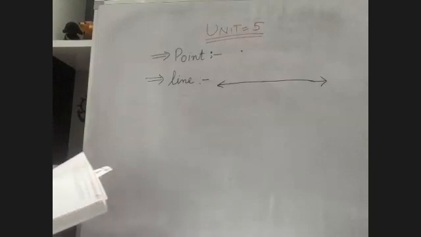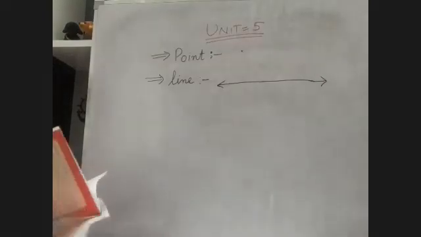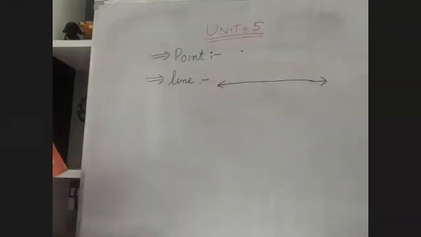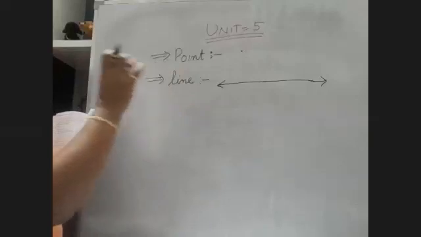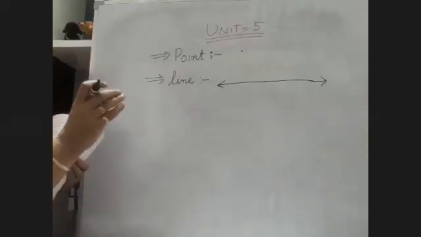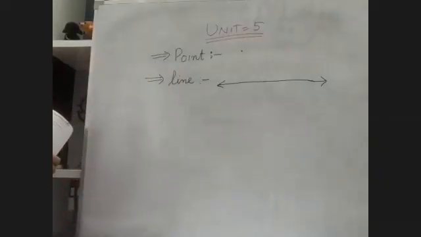A line has no endpoints because it can be extended on both sides, and we can't draw a complete line on paper because the length of a line is unlimited.